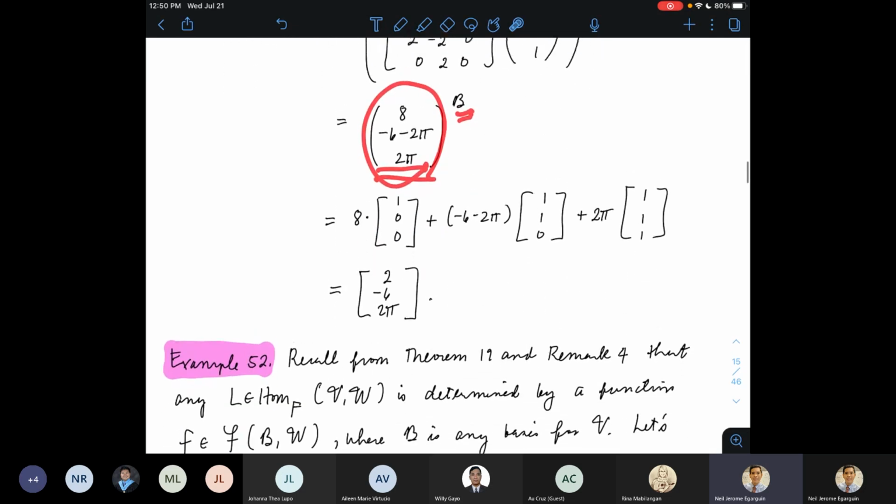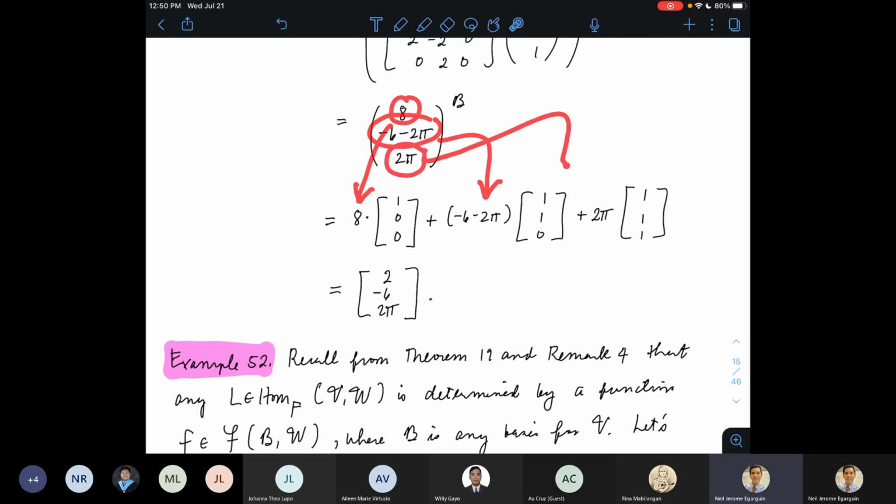Remember, basis B is 1, 0, 0, 1, 1, 0, and 1, 1, 1. All right. This is an ordered basis. First coordinate is multiplier to the first basis element. Second coordinate, multiplier to the second basis element. Third coordinate, multiplier to the third basis element of the codomain.